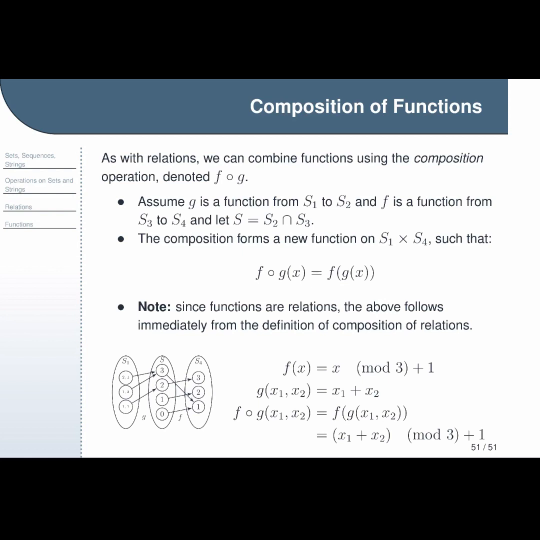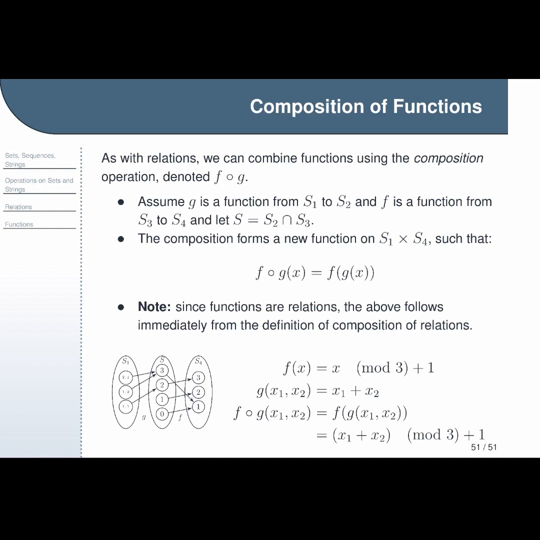I'm going to add them together and then mod 3 and then plus 1. And you see that if we take 2 and 1 here and we add them together, we get 3. All right, so that's the correct mapping there. It gives us 3. And then 3 mod 3 is 0, plus 1. That's how we're getting our output. So this time I've just expressed this using these rules to show you how you could also nest rules inside each other. I expect that you probably have done this before, but just in case, I want you to see it as an alternative.